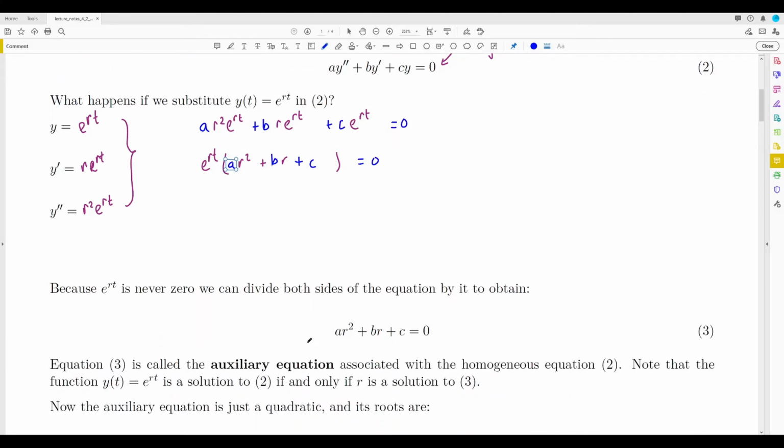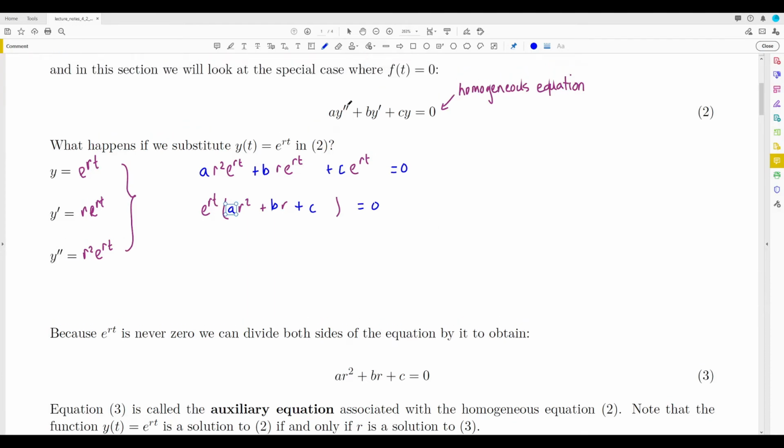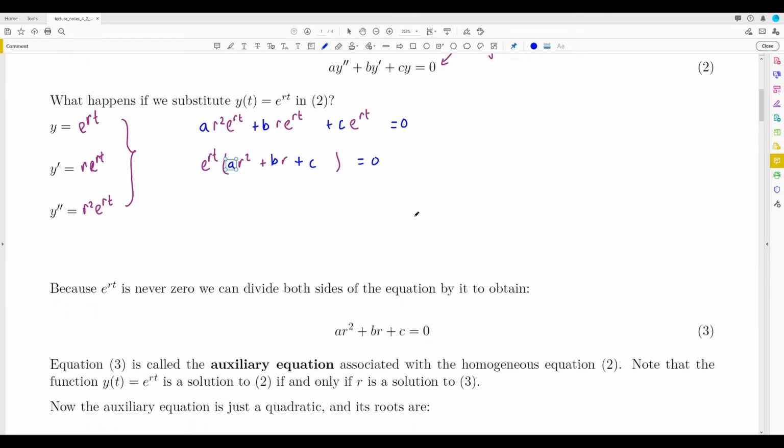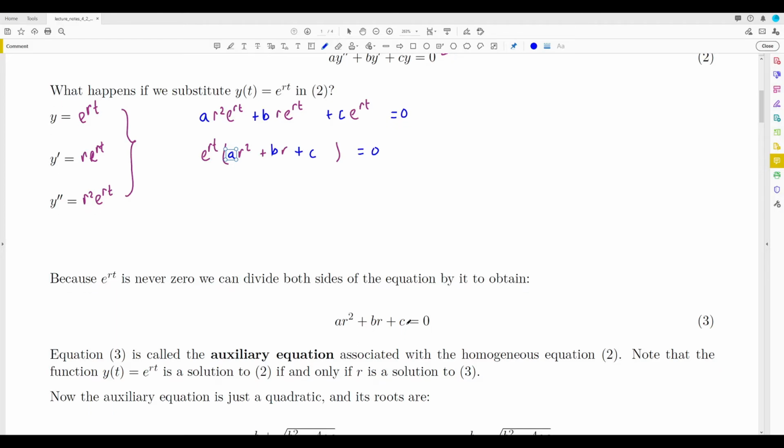This equation is called the auxiliary equation associated with the homogeneous equation 2. Note that the function y of t equals e to the power rt is a solution to this differential equation if and only if r is a solution to this auxiliary equation.